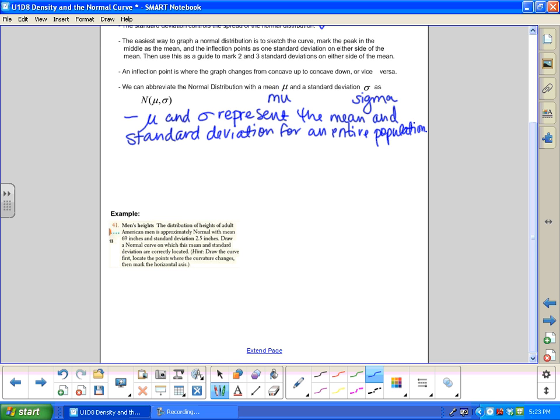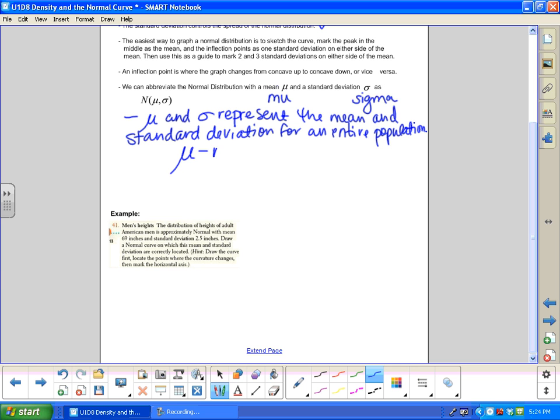So when you're given a density curve, it gives us a picture of the entire distribution. And since we're looking at the entire distribution and not just a sample, we have different letters to represent mean and standard deviation.